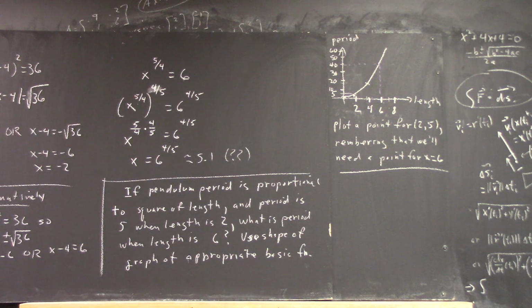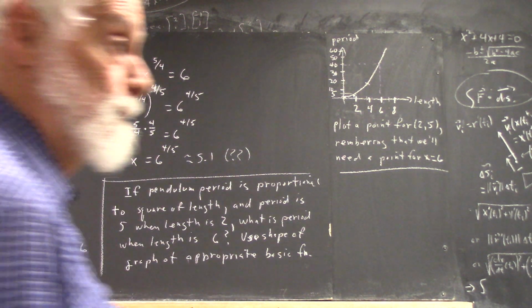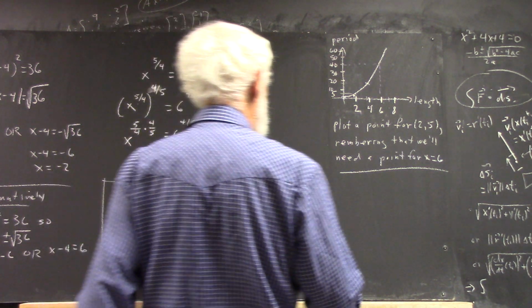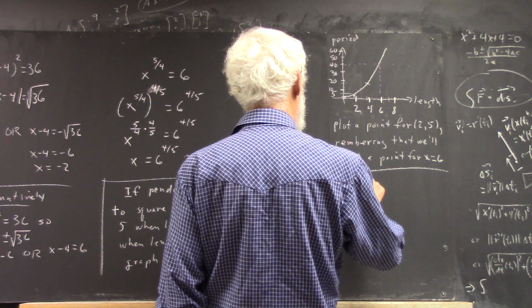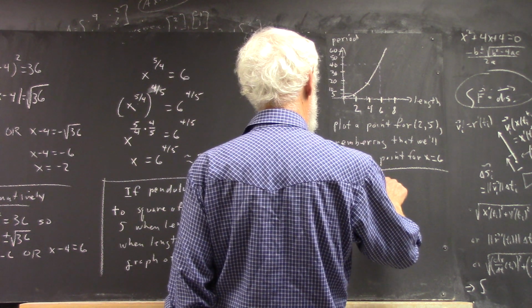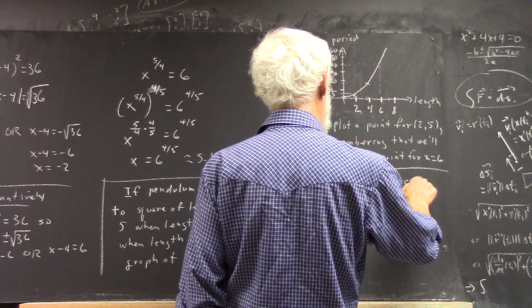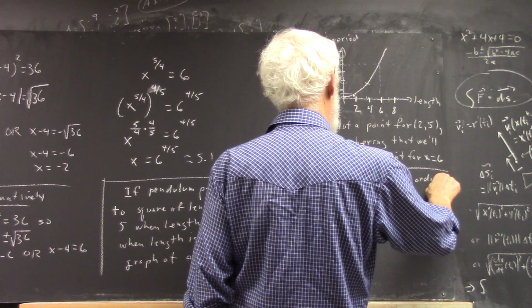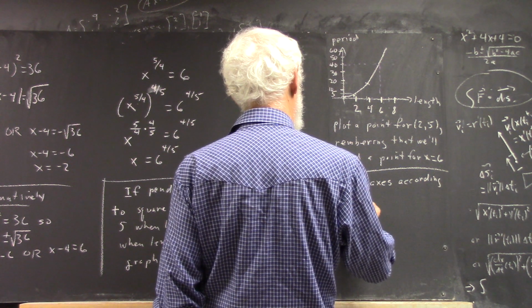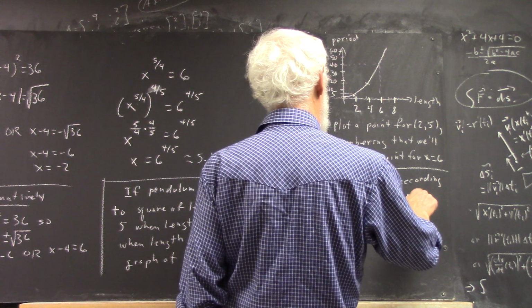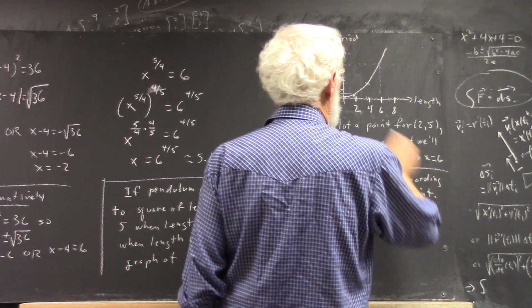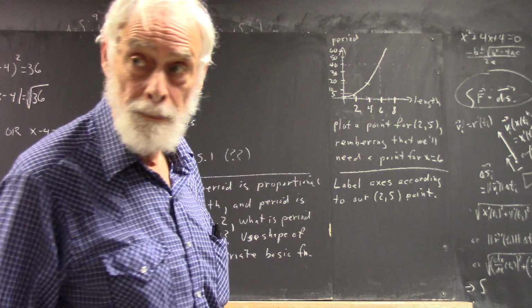My graph's inaccurate. Our 2, 5 point tells us how the axes have to be labeled.